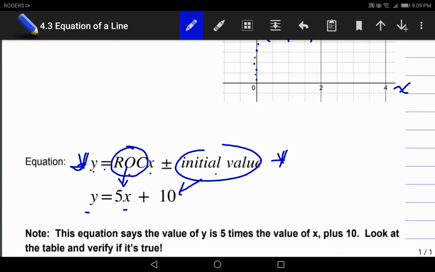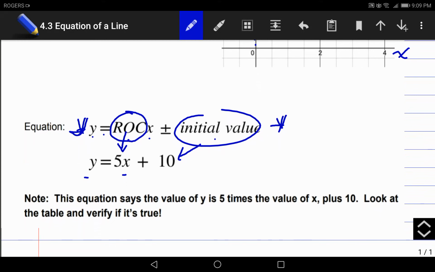All right. And then the last thing, so if our equation is y equals 5x plus 10, or 5 times x plus 10, look at what I've put here just so you can make your connection between all three ways of representing the linear relationship.